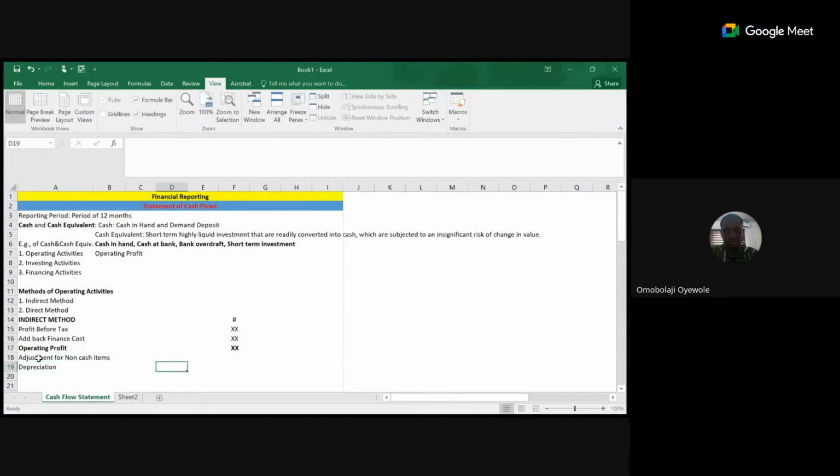Depreciation is a non-cash item, and remember that in the profit or loss statement, depreciation as an expense has been used to reduce your profits. So, because depreciation has been used to reduce our profits, what are we going to do? We are going to add back depreciation.